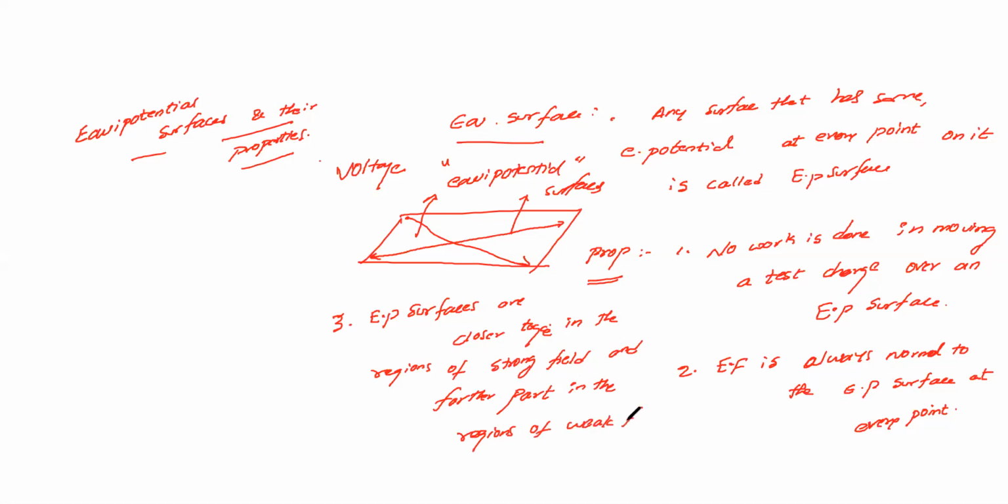I'll repeat the sentence again. Equipotential surfaces are closer together in the regions of strong field and further apart in the regions of weak field.